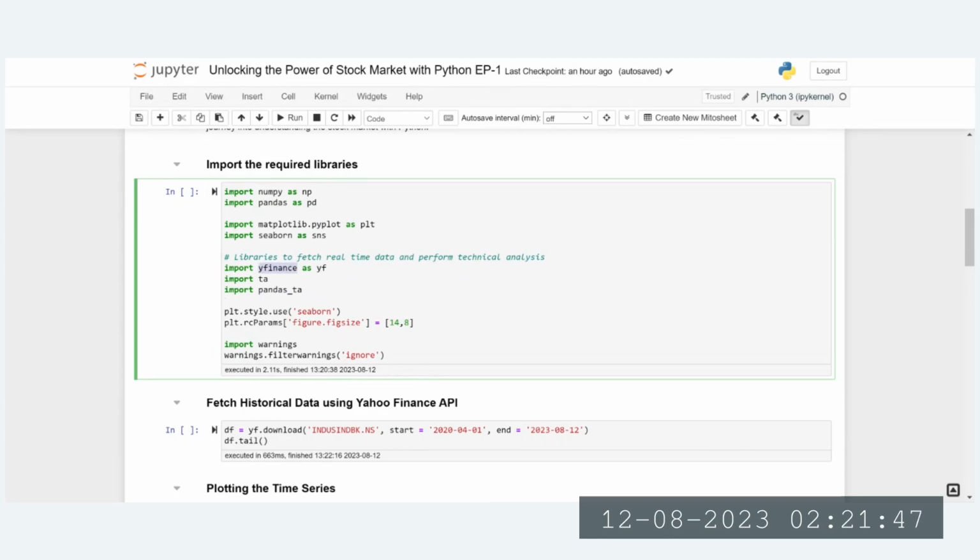Not just stocks, yfinance can help you get data for any asset, for any index around the world. It's not just about the Indian market, right? From Yahoo Finance, you can fetch data for stocks, commodities, currencies, crypto, and whatnot. So it gives you the prices for everything.